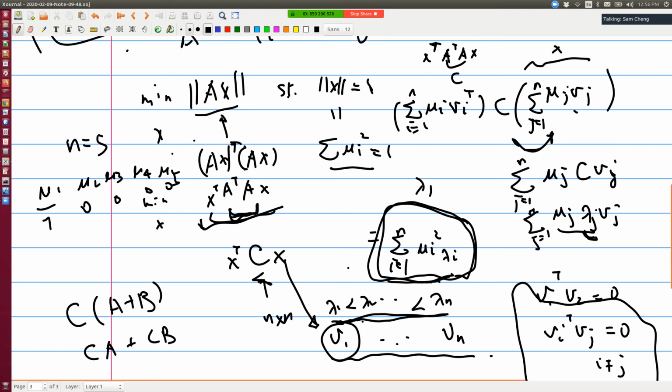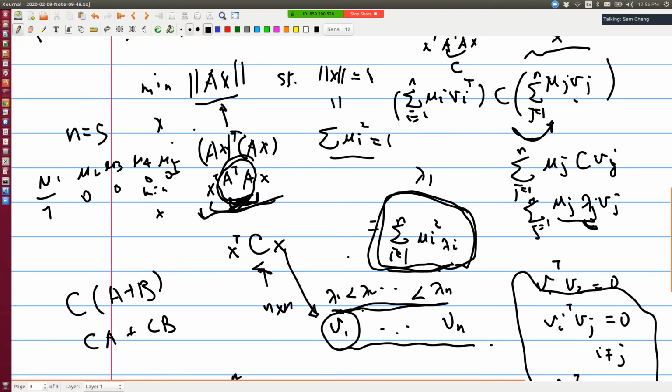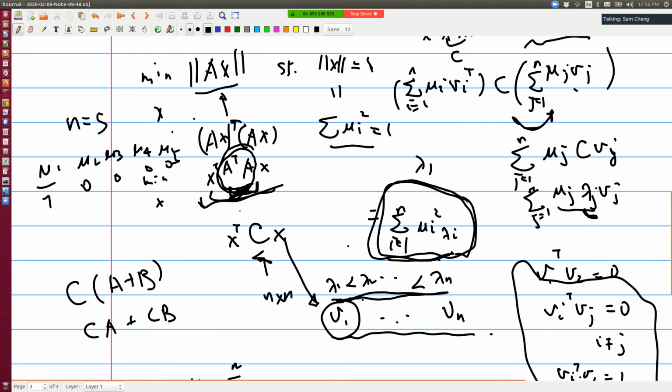So therefore, the solution is simply the eigenvector corresponding to the minimum eigenvalue of A transpose A. Any question here?